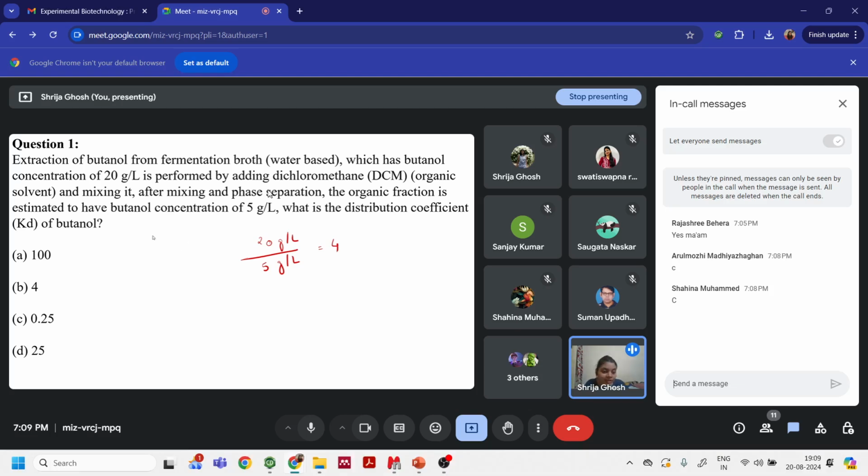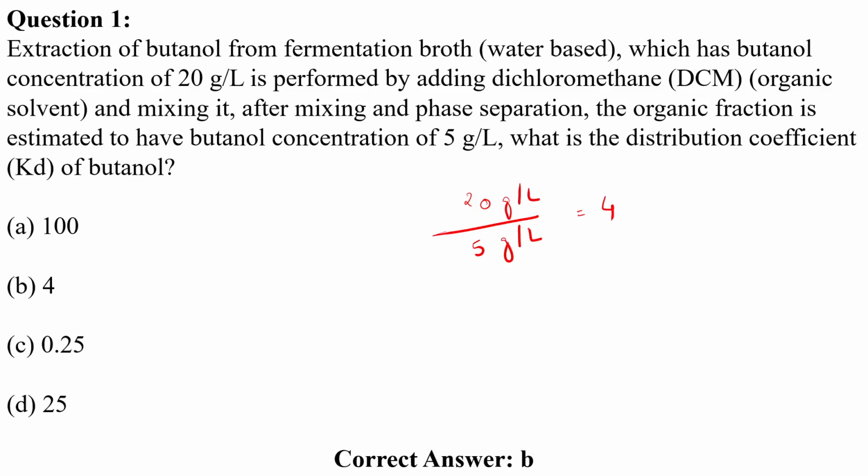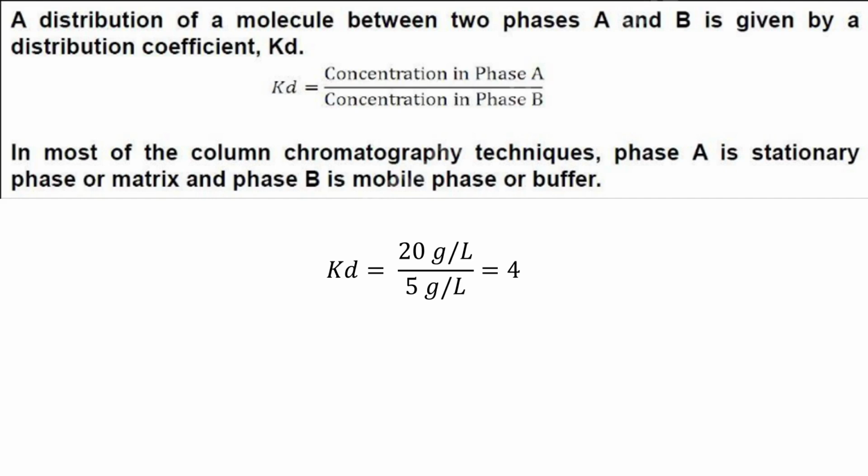Okay, we had some answers. People said option C. How did you land on option C? Did you calculate the percentage instead of the fraction? Distribution coefficient is basically how much the molecule is distributing between two phases.